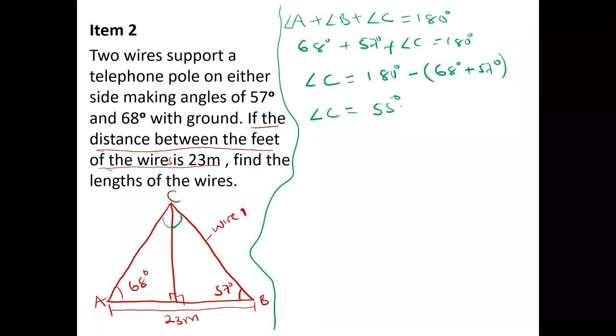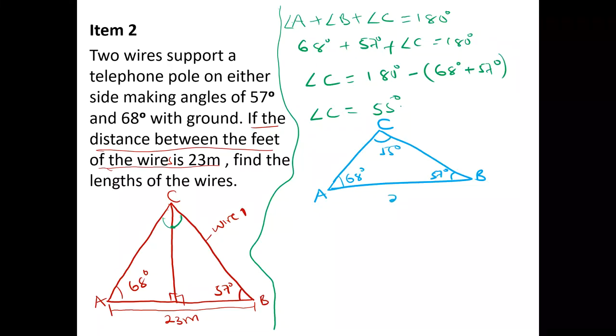Now, what is the new triangle that we have to extract from this? This is our new triangle. This is angle A as 68 degrees, and this is angle B as 57 degrees. Then I have angle C as 55 degrees.